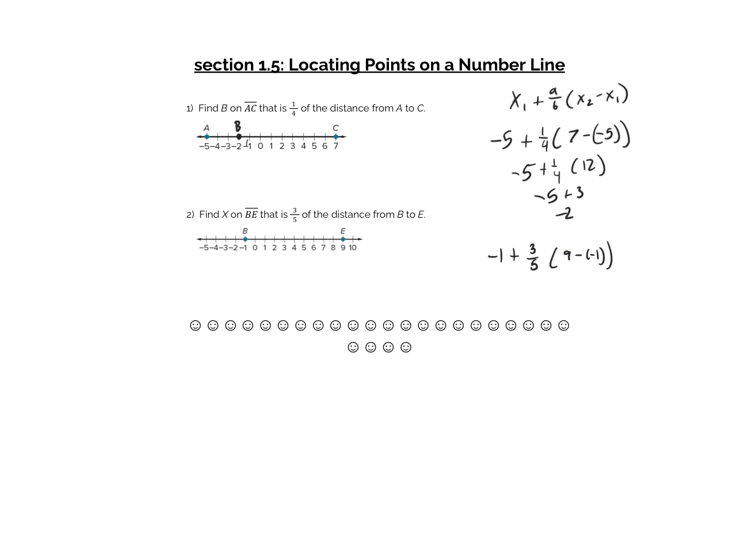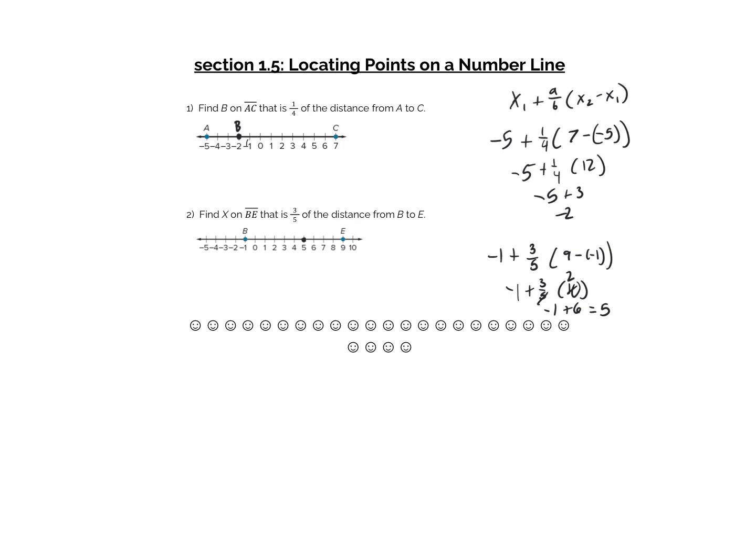So then we use our order of operations. 9 minus -1 is going to be 10. 3/5 of 10, let's see, 5 goes into 10 twice, so that becomes 6. -1 plus 6 is 5, so that goes there at 5.